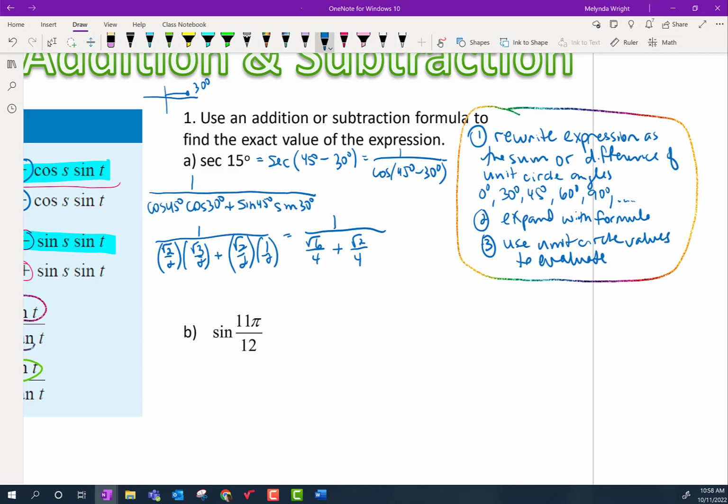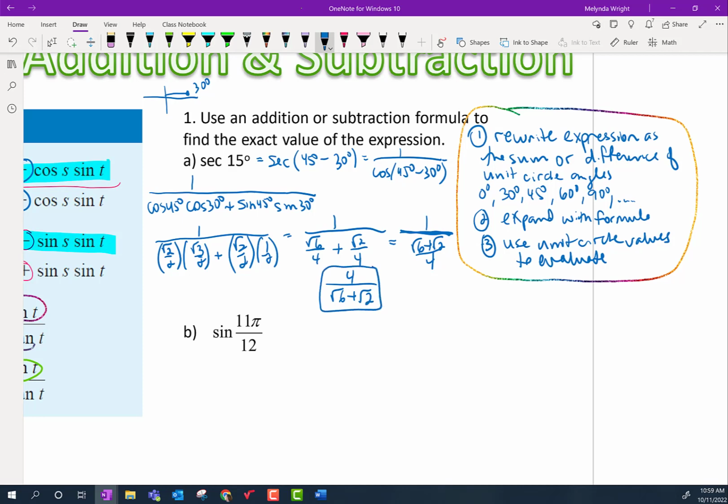So we need to have one fraction in the denominator, so that's root 6 plus root 2 over 4. Now if you recall the keep, change, flip: keep the numerator, change division to multiplication, flip the denominator, and that will be 1 times 4 over root 6 plus root 2, which is just 4 over root 6 plus root 2.